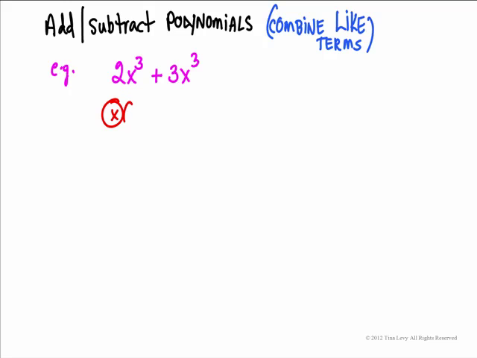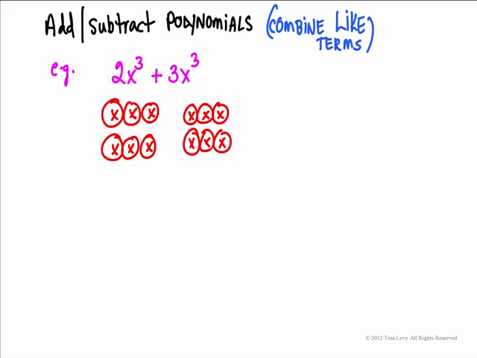It's a molecule that's 3 x's. And 2x cubed means I have 2 of these molecules, and then I'm putting together with those 3x cubed. So I have 3 of these molecules.